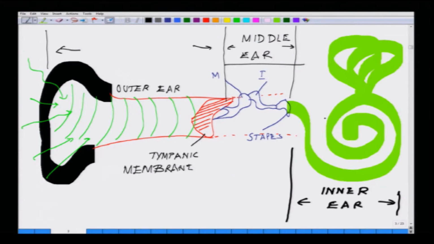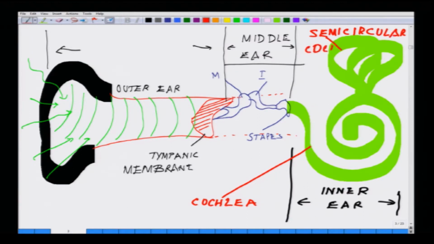And this is the cochlea. And on top of the cochlea, you have something called semicircular canals. The upper part of the cochlea, and the semicircular canals are the ones involved in equilibrium, and the cochlea is the one involved in deciphering sound.